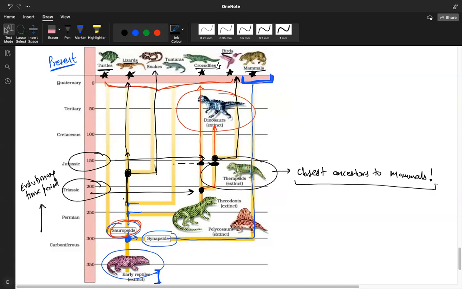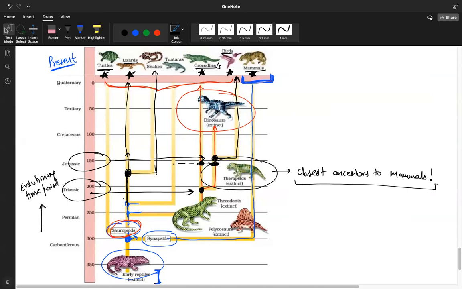So the earliest invertebrates evolved around 500 million years ago. Of course, if they are invertebrates, they are multicellular animals.